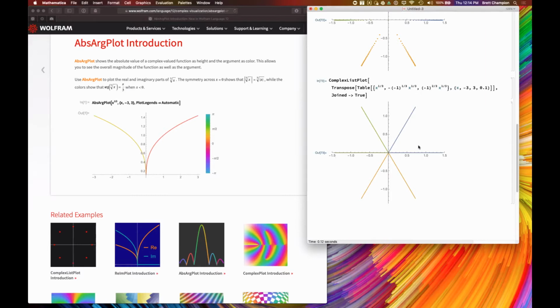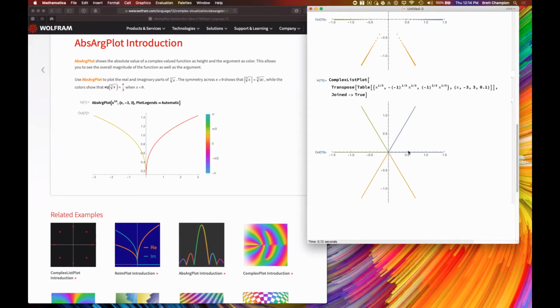So we're looking at this solution to the equation, this particular root. And we see that we have a red curve at 0, and we have a yellowish curve at pi over 3.